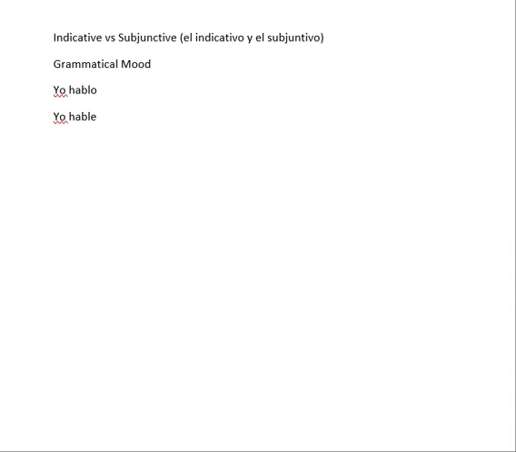Yo hable is also I speak. That's usually how it could be translated. It could be translated other ways too, but for simplicity's sake, it also means I speak. They both mean the same thing, but they cannot replace one another. So you can't just say, yo hable español. That does not work.